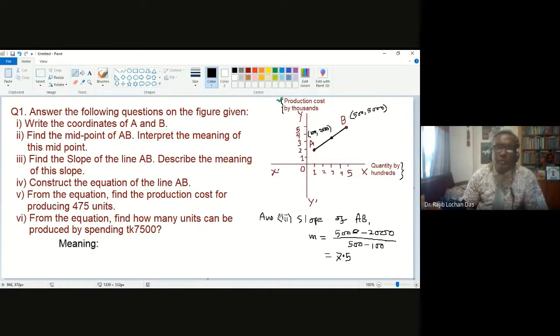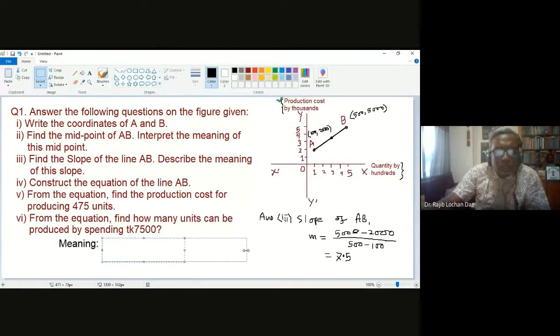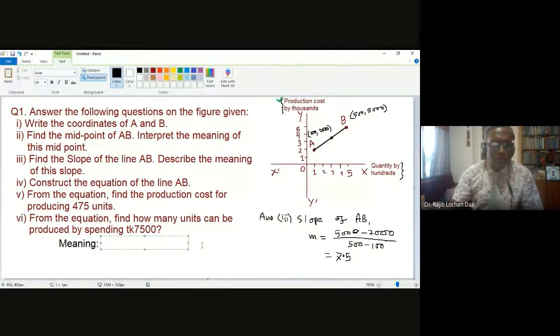So you have to write the meaning of this slope also. So I am writing the meaning here. The calculation is okay. Yes, sir. Now let me write down the meaning of this slope.